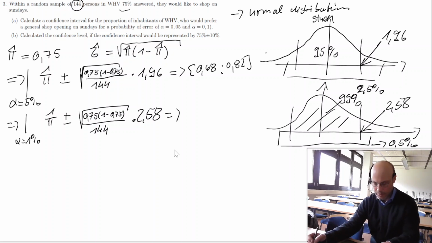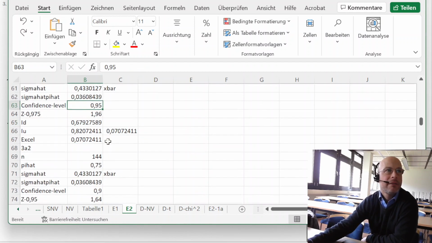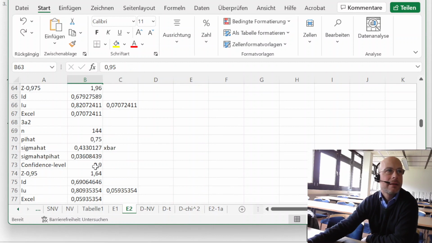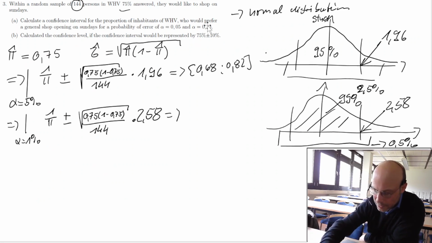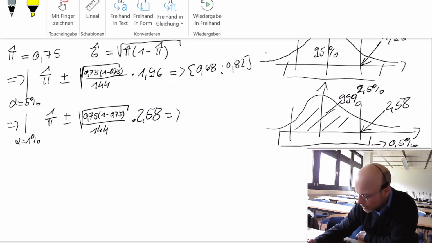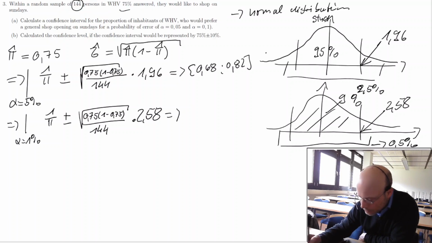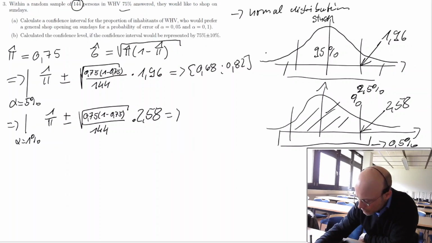And here we only change the confidence level. Oh, sorry, it is not 99, but 90. Sorry, I didn't read my own exercise. So here we need 90%.